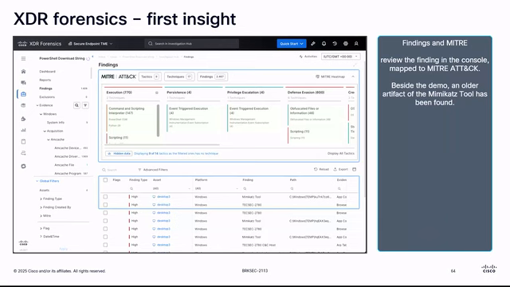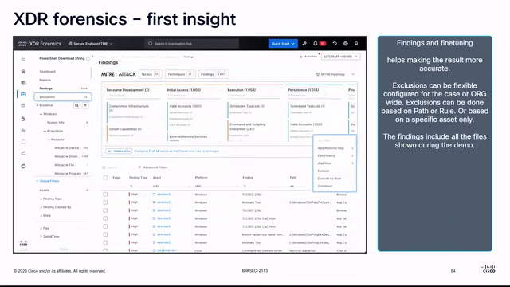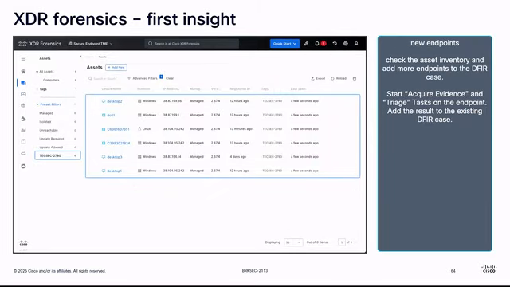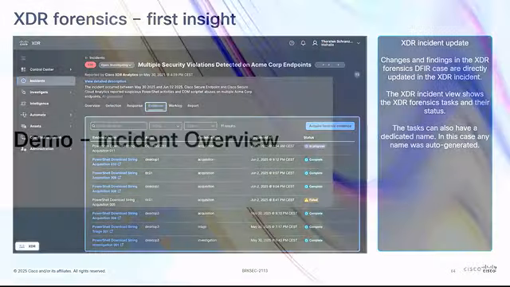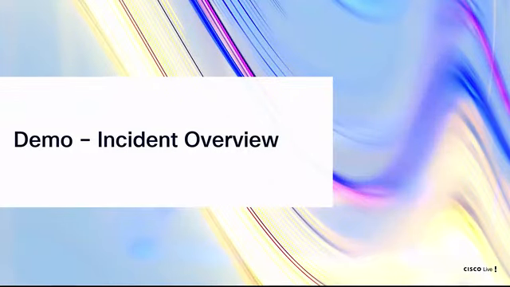And then we can also look for certain tactics and techniques and find additional information from there. So let me move to the live demo, actually, to show you those details of the incident. We'll walk through the incident here.